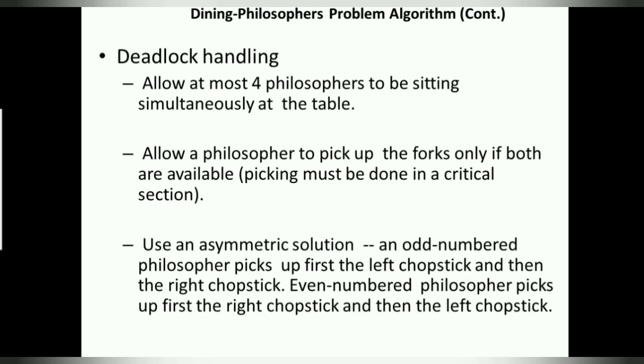After the philosopher has completed eating, he would release the 2 chopsticks so that they can be used by the other neighboring philosophers, which would not end up in a deadlock situation at least. There could be a little starvation or wait, but there is no deadlock.